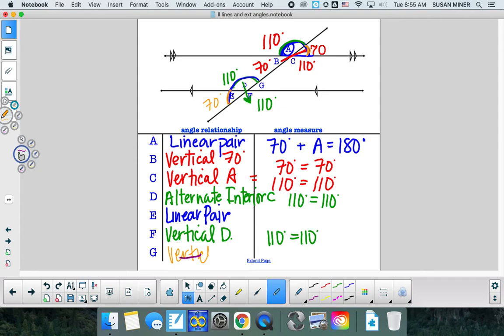Let's use a different angle relationship since we've already used vertical. Let's say G is an alternate interior with B. And so it has to be the same measurement as B. And then we found all of our missing angles.